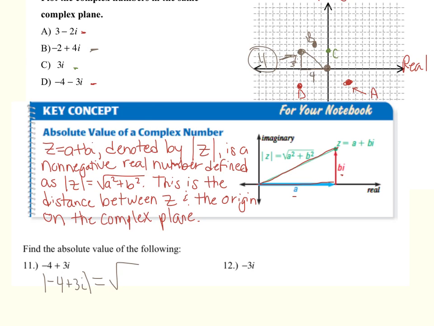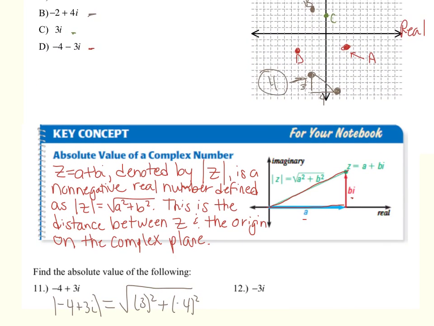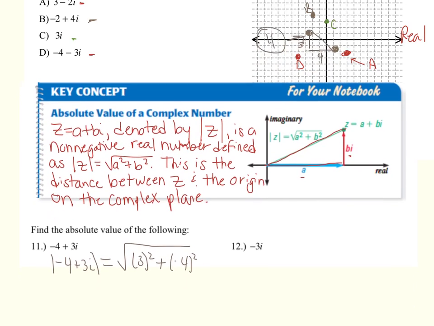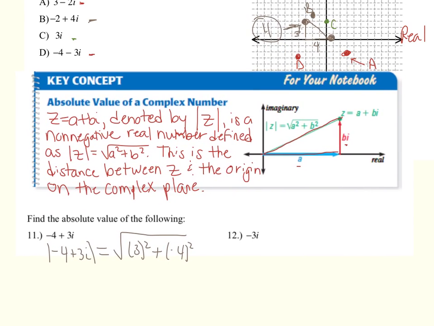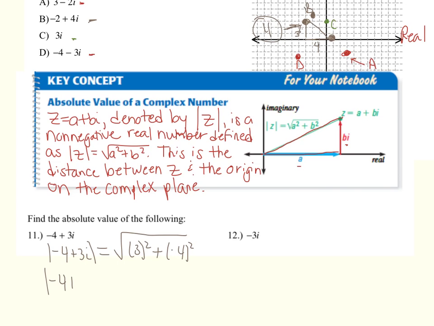So this absolute value, the distance from the origin, is going to equal 3 squared plus the -4 squared. So the absolute value of -4 plus 3i will equal the square root of 9 plus 16, or the square root of 25, which is 5.